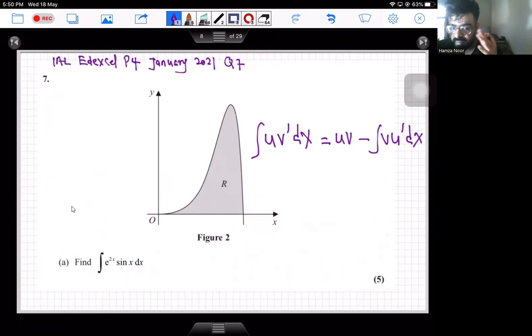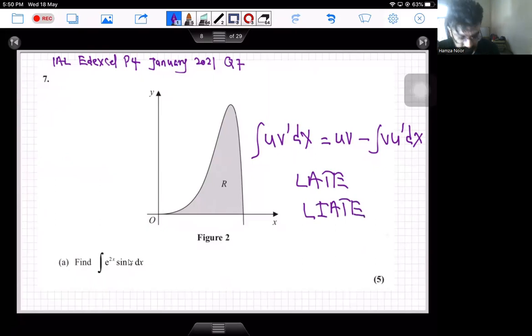This function which is supposed to be integrated is e raised to the power 2x multiplied by sine x. I can rewrite this as sine x multiplied by e raised to the power 2x. This does not mean that the first term will be taken as u or the second term will be taken as v dash. The sequence is to follow the LIATE rule over here, and when we are dealing with inverse trigonometric functions as well, we follow this LIATE rule.